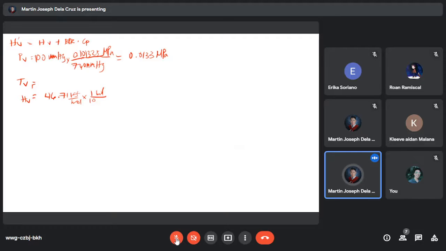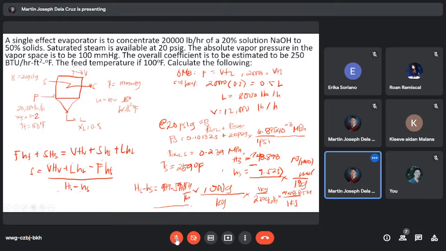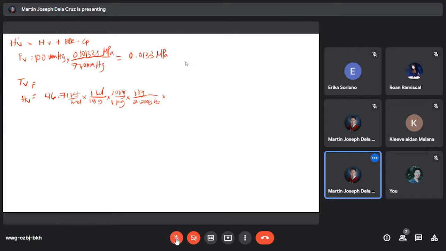In 1 mole, you have 18 grams times 1000 grams in 1 kilogram, times in 1 kilogram, you have 2.2046 pounds, times in 1 kg, you have 948 BTU. So, yeah.